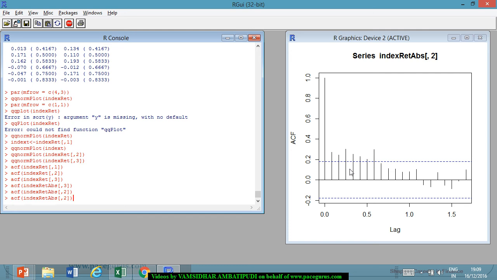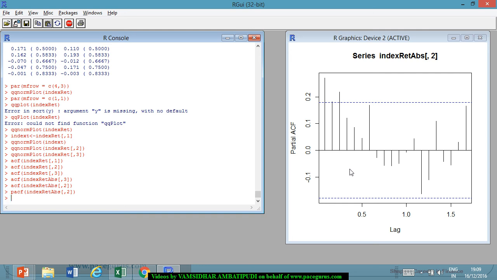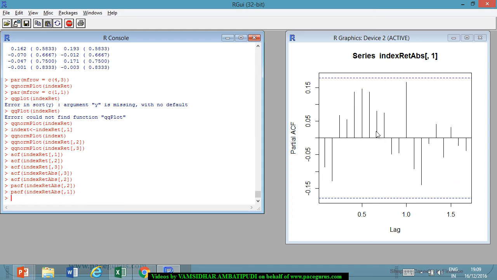Similarly, I can take the PACFs also to really understand what is the level of partial autocorrelation. You could see that in case of absolute, they are very much significant and they are gradually draining off. Whereas if you look at the telecom sector, none of them is significant.